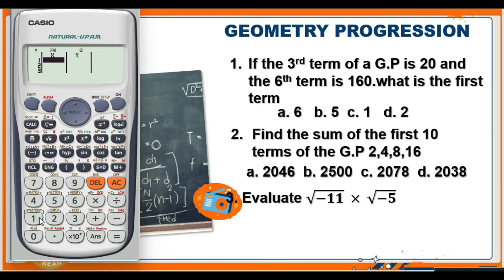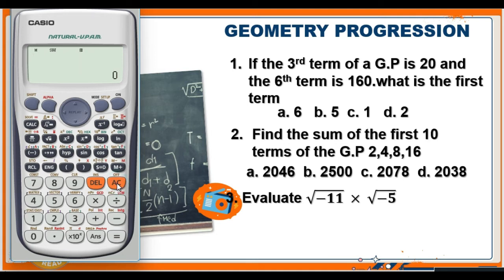After getting the table, key in the first position, second position, third position, in that order. The first term is 2, the second term is 4, and the third term is 8. Alright, I press my AC.